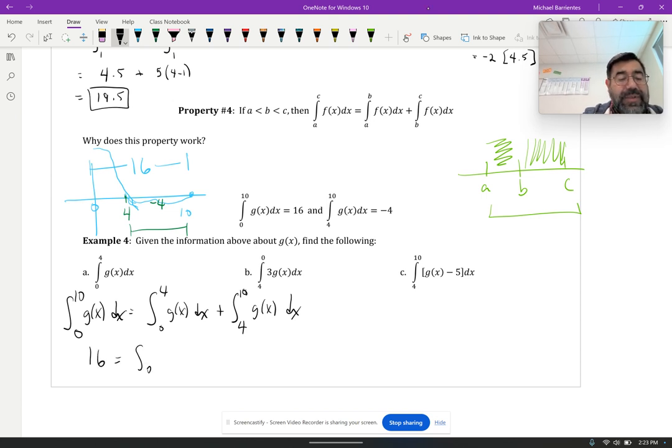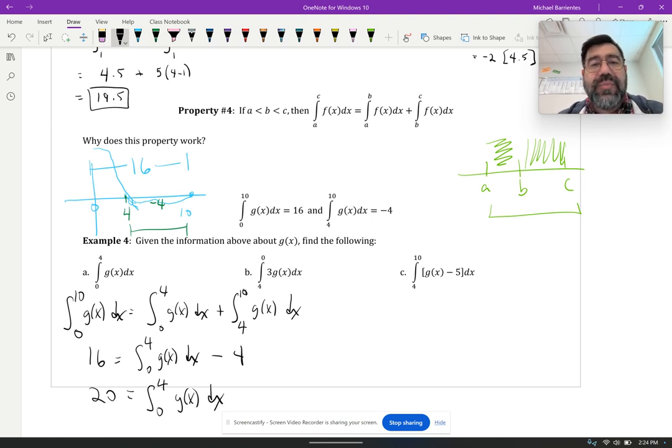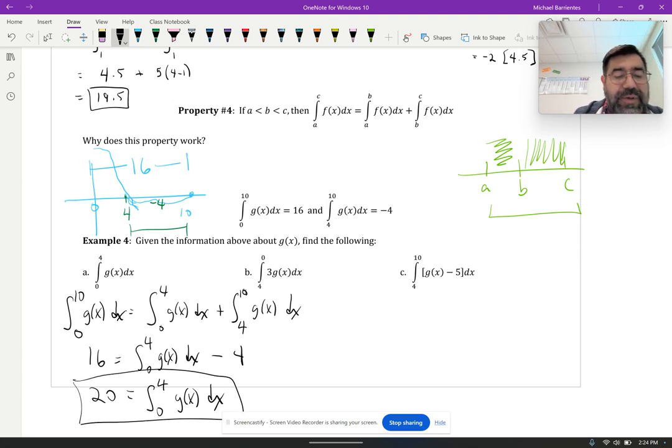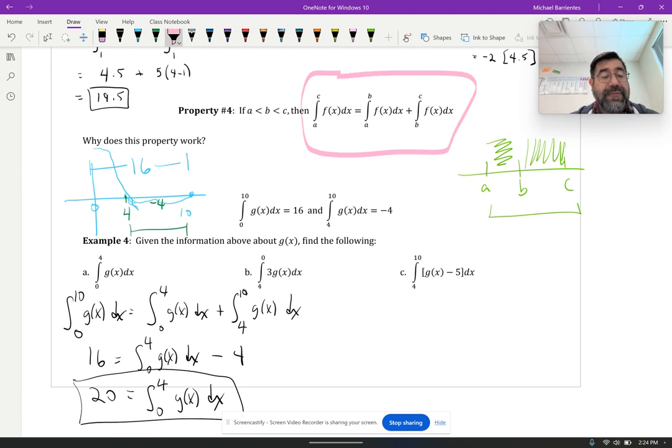We don't know how much this is, but we do know how much this is, and it happens to be minus 4. So if you just add that over, you're going to get 20. This is more work than you need to show. You can probably mentally do the calculation without having to show everything. I'm just showing you where it comes from. By using this property, I can figure out what that first piece is.